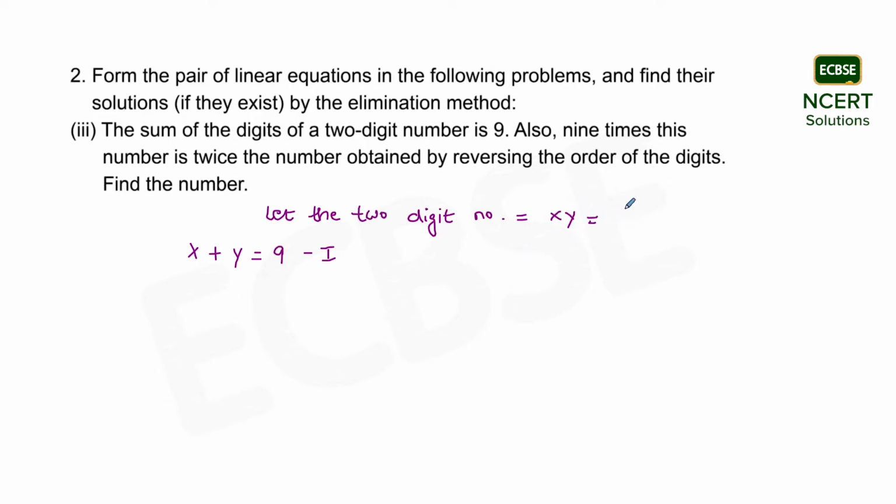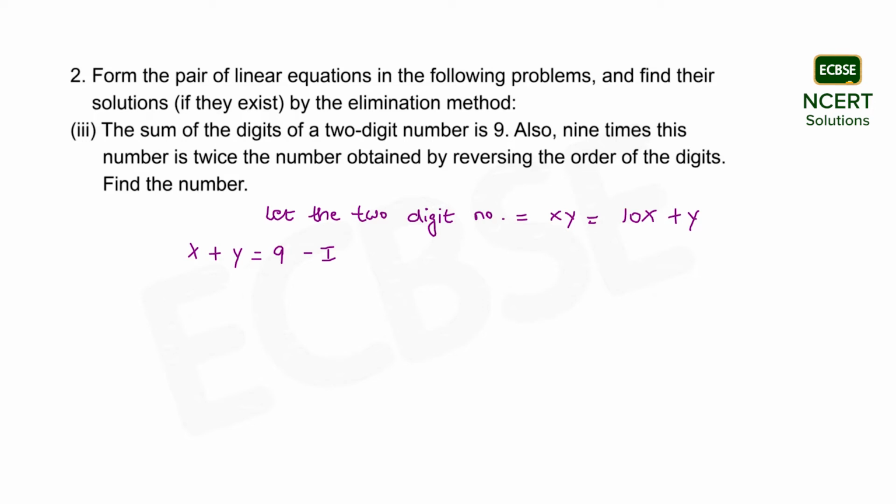The expanded form will be 10x plus y. Got it? That is by using the place value of each digit in a number. As the place value of x is 10, it will be multiplied with x, that is x into 10, plus the unit place digit, that is plus y.